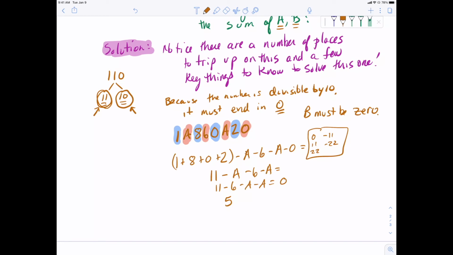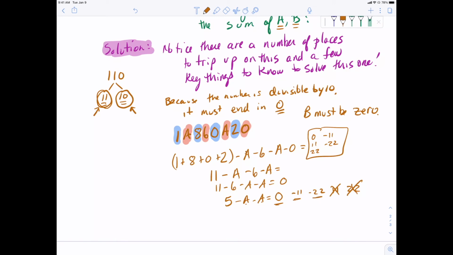So 5 minus some number has to equal 0 or negative 11 or negative 22 or 11. Well, we know that 5 minus a number can't be more than 5. So 22 is out and 11 is out. So all we have is 0, negative 11, or negative 22.